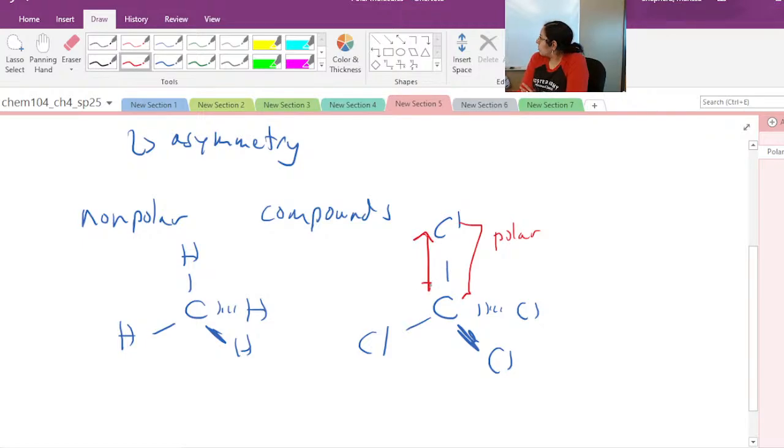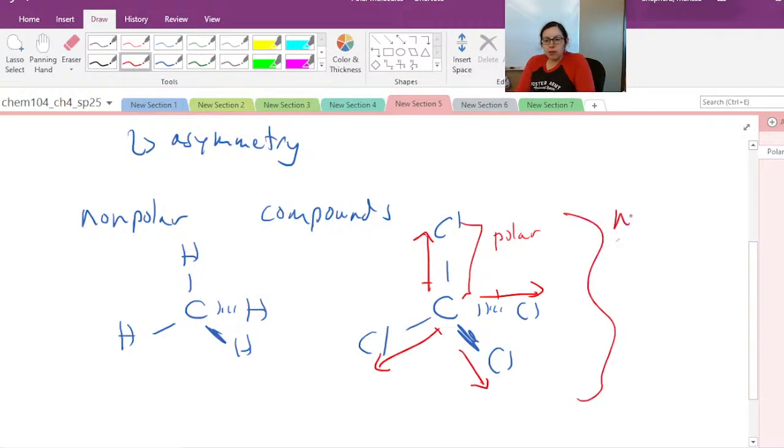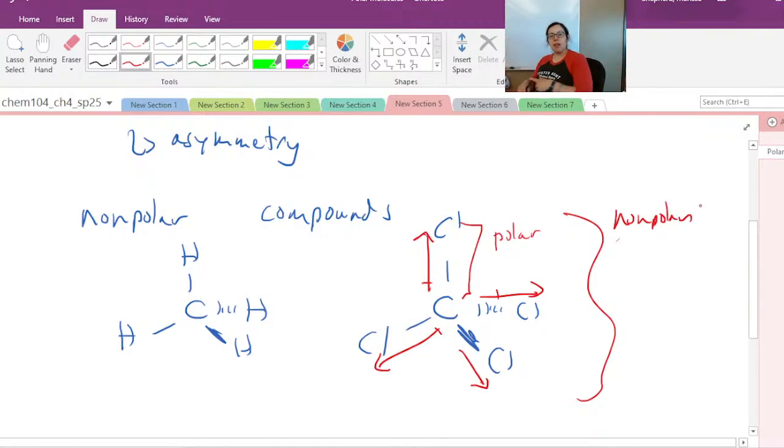Then I like to put a little tail on there so I remember which one's positive. If we do this, we would find that all our vectors cancel out. So even though every bond is polar individually, this whole molecule is nonpolar overall, since it all cancels out.